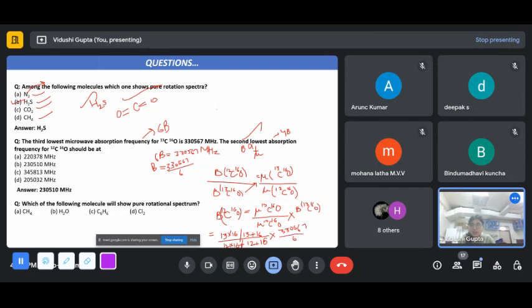So after solving, it will be 230510 megahertz.